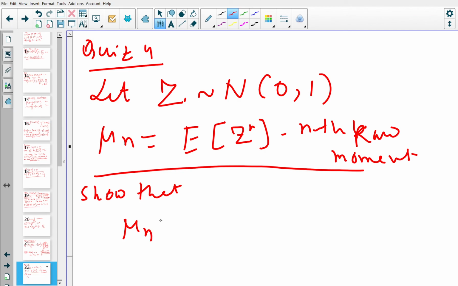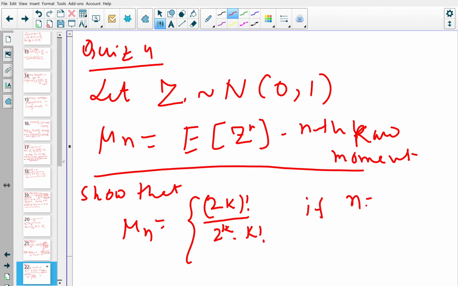It is of the form (2k) factorial divided by 2 to the power k times k factorial, if n is an even number of the form 2k.